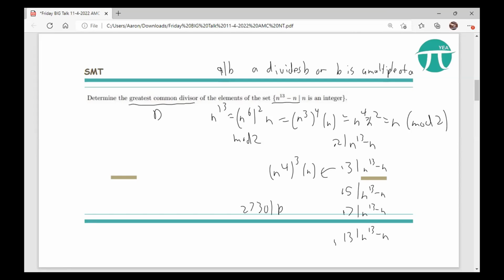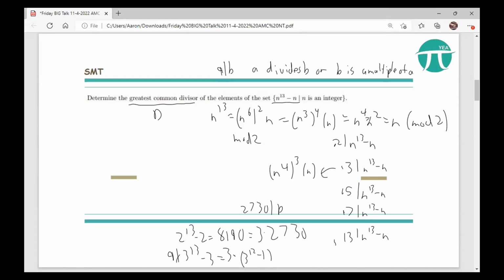But now we have that 2 to the power of 13 minus 2 is equal to, if you calculate this out, 8,190, which happens to be 3 times 2,730. But then 3 to the power of 13 minus 3, which is 3 times 3 to the power of 12 minus 1, is not divisible by 9.